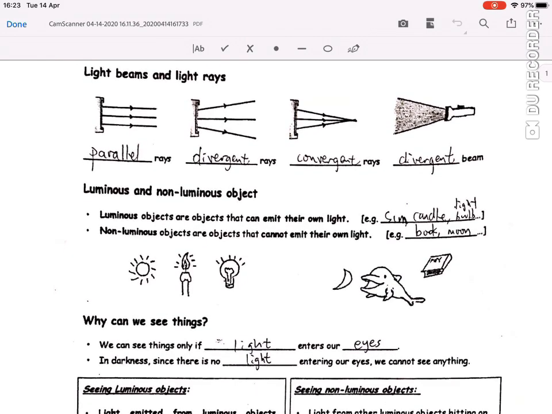The reason is that the rays, as you can tell, are going outward. They don't converge. Compared to the parallel lines, they go straight, but get further and further away.